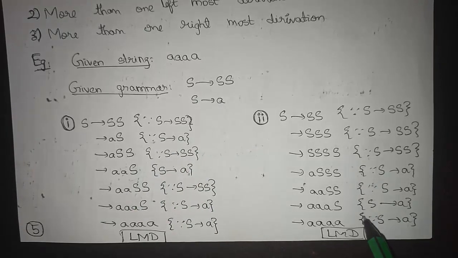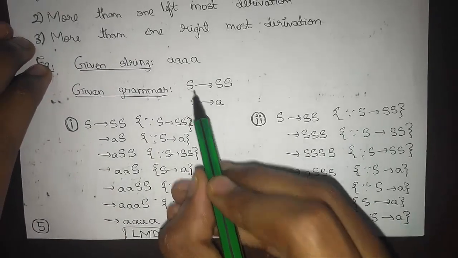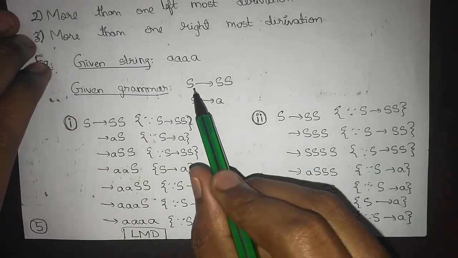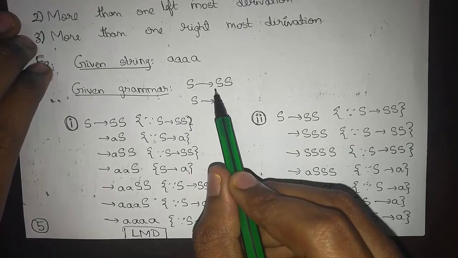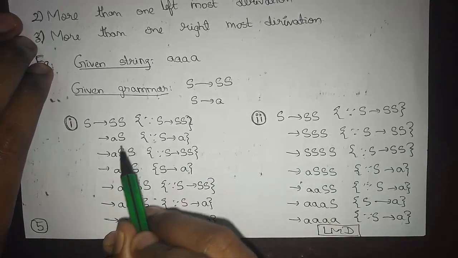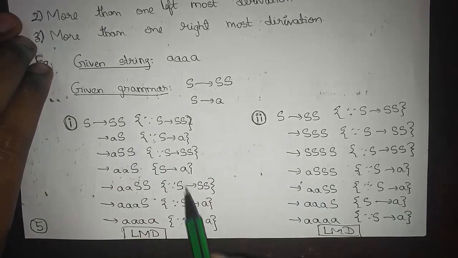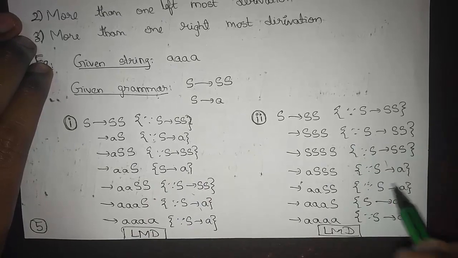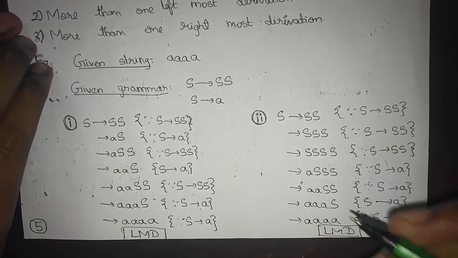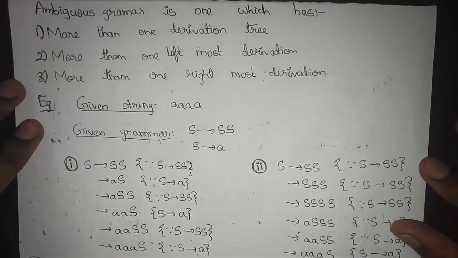In both cases we started with the first production rule given in the grammar, and then the S has been changed to A. You can just observe every step which I have noted down in order to understand more clearly. You can just take a screenshot if you wish to, because that might be more helpful.